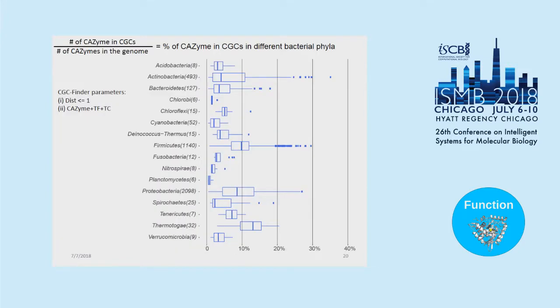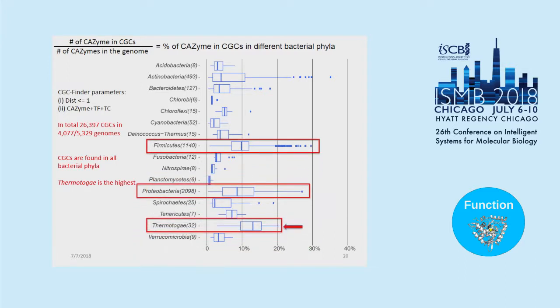In terms of the percentage of CAZymes located in CGCs, this basically evaluates the tendency of CAZymes to form gene clusters. We use very stringent parameters: distance less than 1, and all 3 signature classes have to be found in the CGC. Basically, we identified 26,000 CGCs in over 80% of the genomes that we scanned.